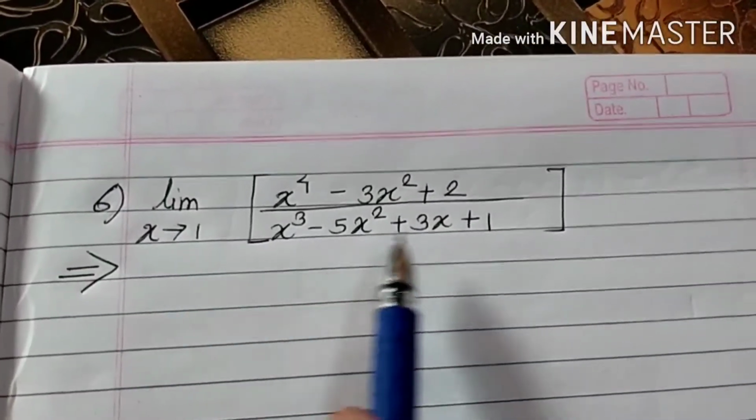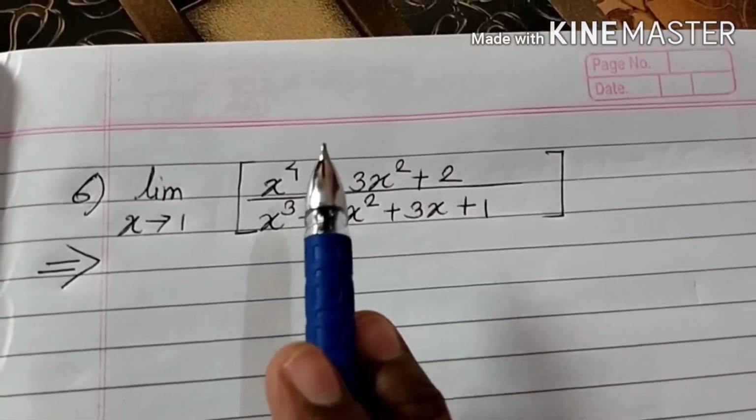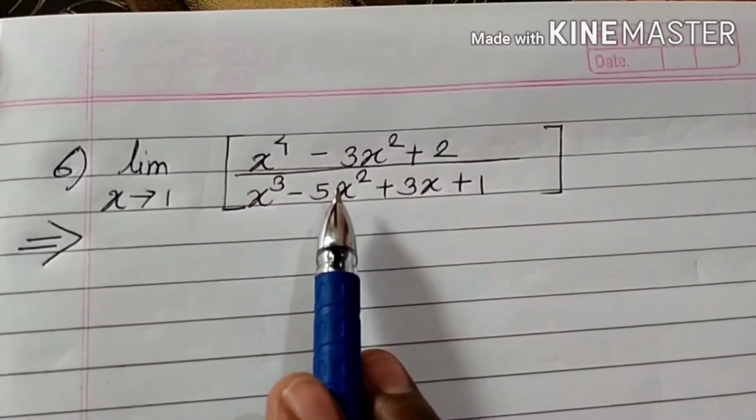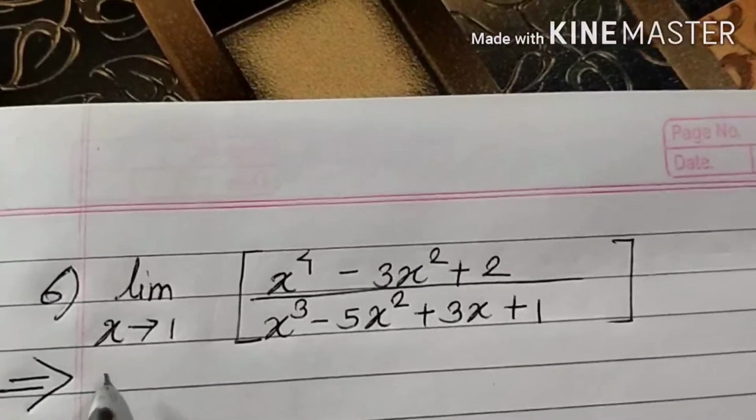Now next example. So this is fourth power, this is third power, and we use synthetic division here to find factors.